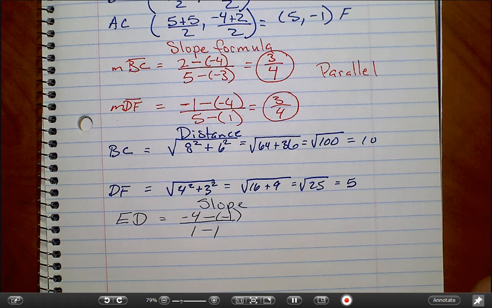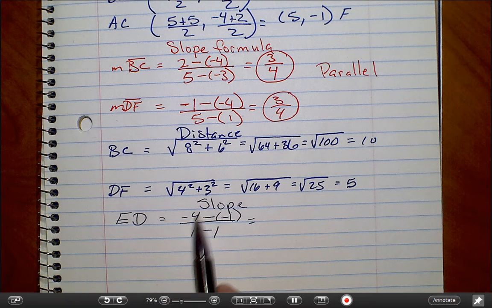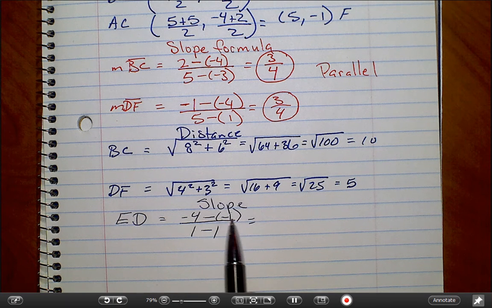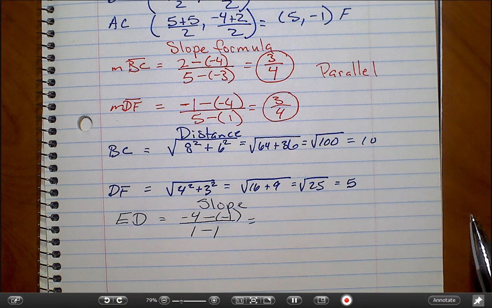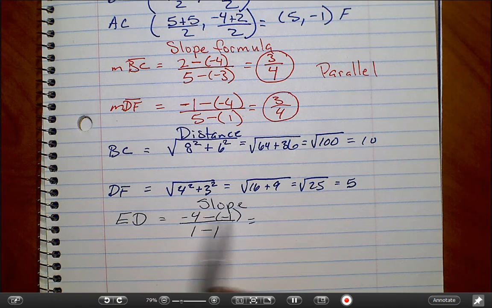Yeah. Okay, good. So right here, I'm going to get -4 minus negative, what is minus and negative? Makes a plus, right? Okay, so -4 plus 1 is?